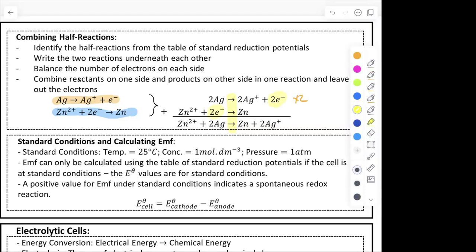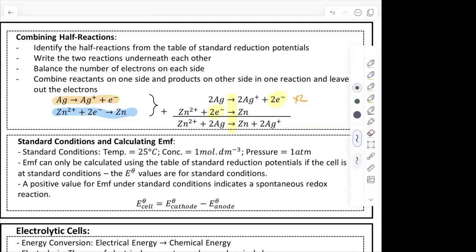Sometimes you'll have a case where one is 2 electrons and one is 3 electrons. In that case, you multiply the one by 2 and the other by 3, so that you've got 6 electrons in total. That's how you will work through that. Now, combine the reactants on one side and the products on the other side and leave out the electrons.